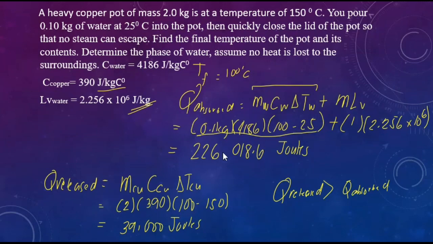So I will just write it on the next slide. That means it will be less if we only consider this part, it's kulang because it's only 31,395. So we have to have an additional term. We can now say that the water has actually reached 100, but not all water has turned into steam. Okay, so let's solve.